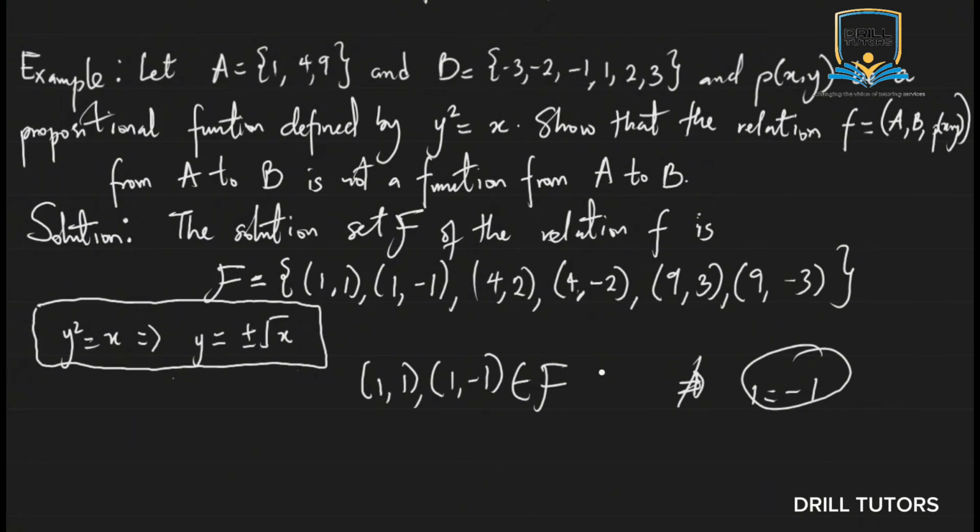So it means that an element of A has 2 images in set B. Now this violates the definition of the function. Hence, you just write concluding, this violates the definition of a function.